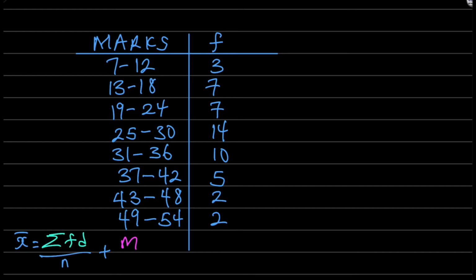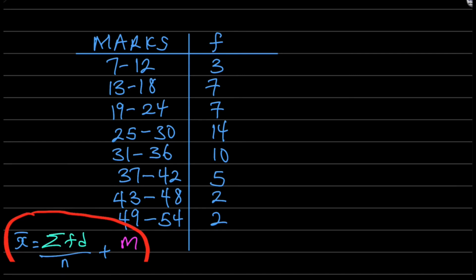Over here we have the formula rewritten, still the same formula you saw: x bar equals summation fd over n plus m. Let the formula guide you, let the formula dictate the direction you go.